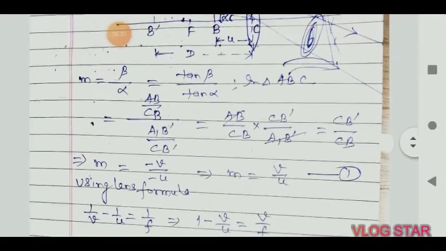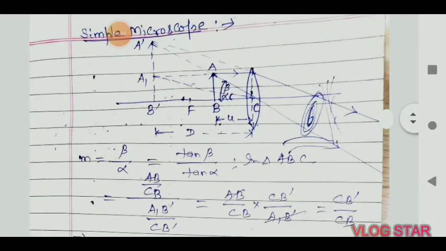Now, when we want to see this object with a relaxed eye, it means when we want to see the image of that object at infinity, then we can see with the relaxed eye. So in order to form that image at infinity, the object will be very near to the focal length.